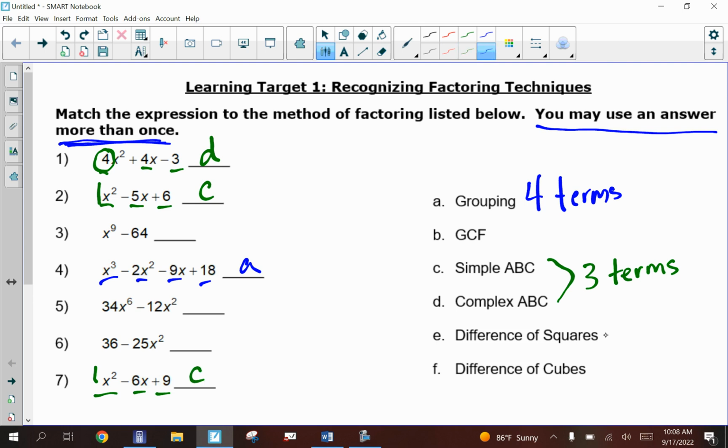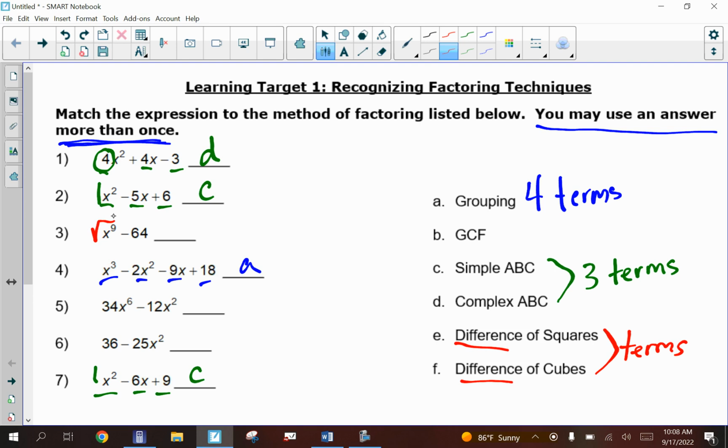Now the next two, they have 2 terms each. Since they're both different, that means they're going to have a minus in the middle, but one has to be a squares and one has to be a cube. So I'm going to start with the squares first. If I look at number 3, it has the minus in the middle, it's got 2 terms, and if it's a perfect square, I should be able to square root that term.